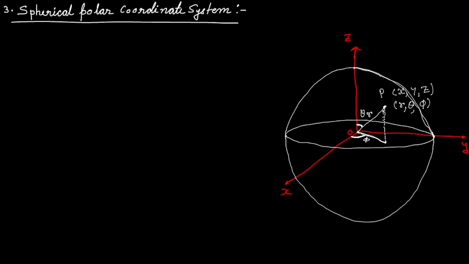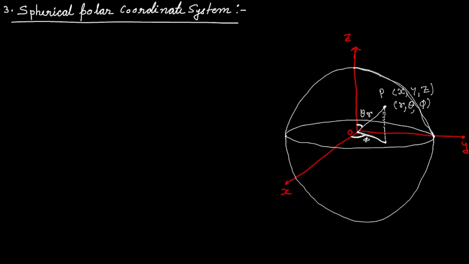I told you that if we connect this point P with the origin O, we get a length vector. And if we take the projection of this length vector on the x-axis, y-axis, and z-axis, those projection lengths are respectively x, y, and z. So in this case, if we take the projection of this R on the x-axis, y-axis, and z-axis, those projection lengths must be x, y, and z.